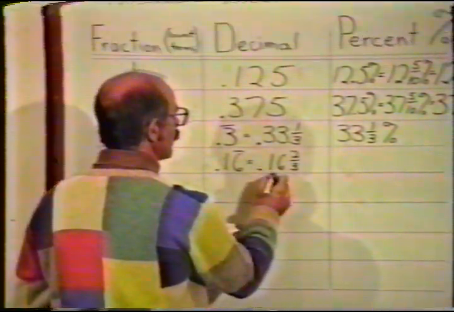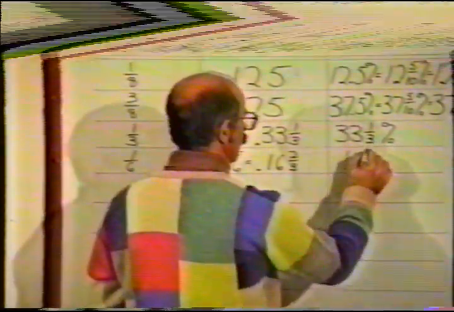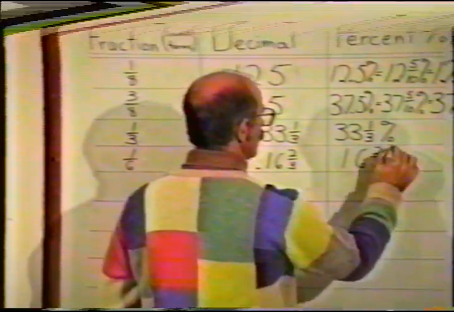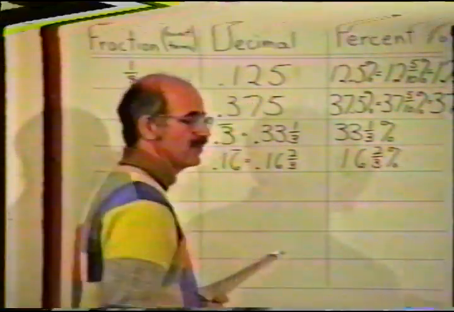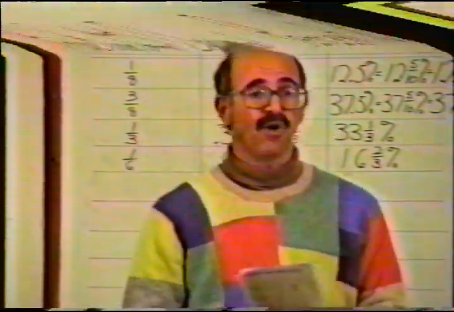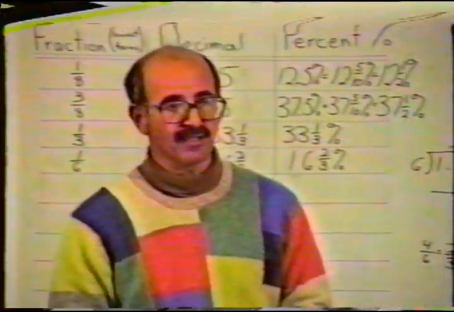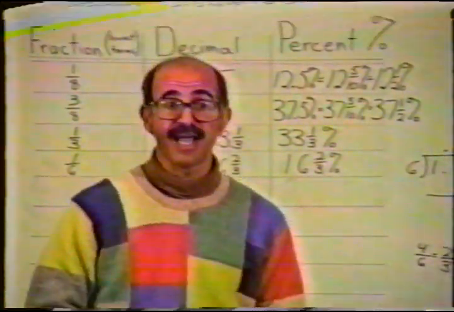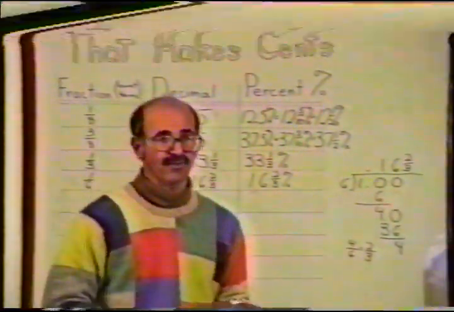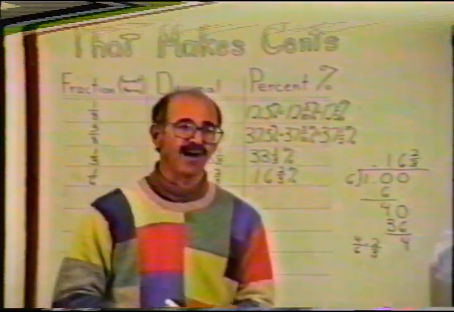We'll move the decimal point over 2 places. We won't need it anymore, and we will have 16 and 2/3%. And you should memorize that 16 and 2/3% always comes from 1/6, and that 1/6 is the same thing as 16 and 2/3%. Now, you go ahead and do the work on your own for 5/6.